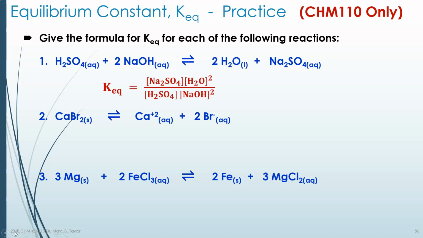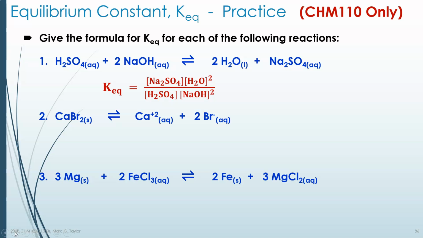We're going to write our initial KEQ formula. Now, you don't have to write this. You can go right to the final version if you like, but this way, at least you can keep track of everything and what you're doing, and it's a little easier to be careful this way. So we have our products on the top, our sodium sulfate concentration at equilibrium times our water concentration at equilibrium squared.